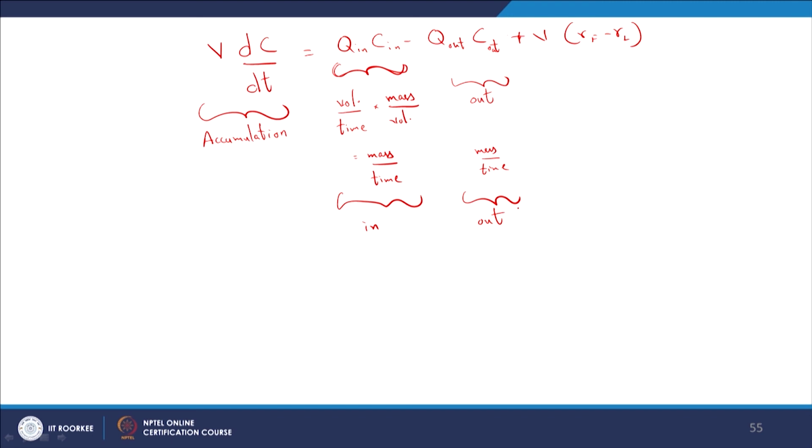So, this is what we have, and what do these terms give us an idea about? V is volume here, and what is rate? It is mass per volume per time. So, what will that come out to be? That is going to be equal to mass per time, again same units as you would see there, right.